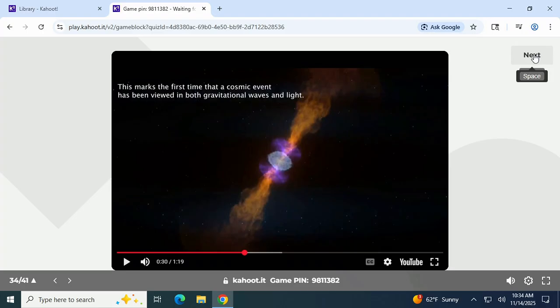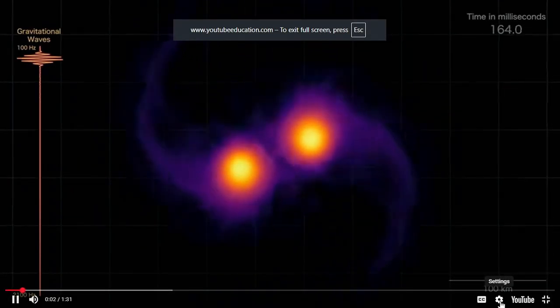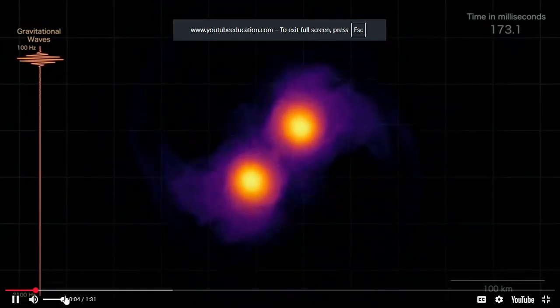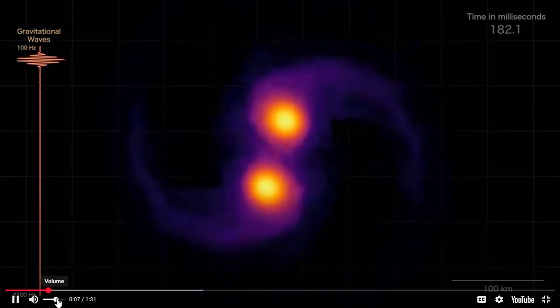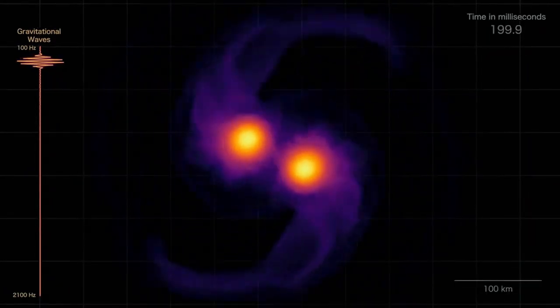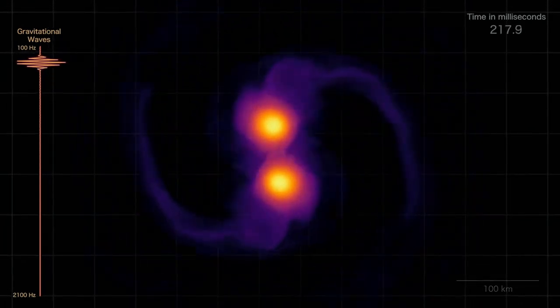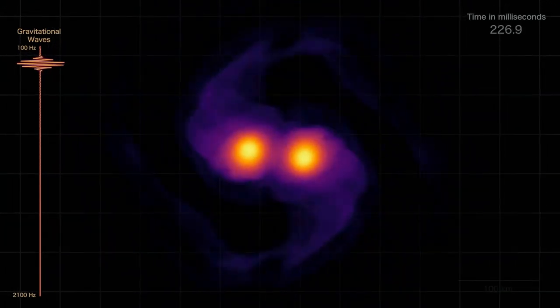And what you can do is turn that gravitational wave frequency into a sound, and this is what a gravitational wave merger might sound like.